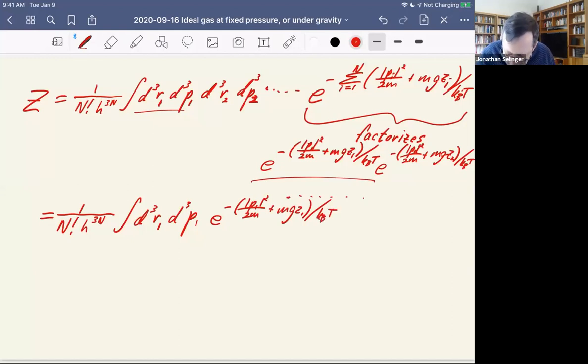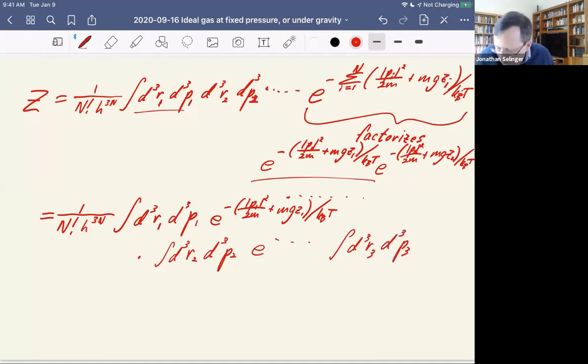Now we have to multiply this, right? We still have the integral over R2 of the same exponential for R2, and the integral over R3 and P3 of the same exponential for those variables.